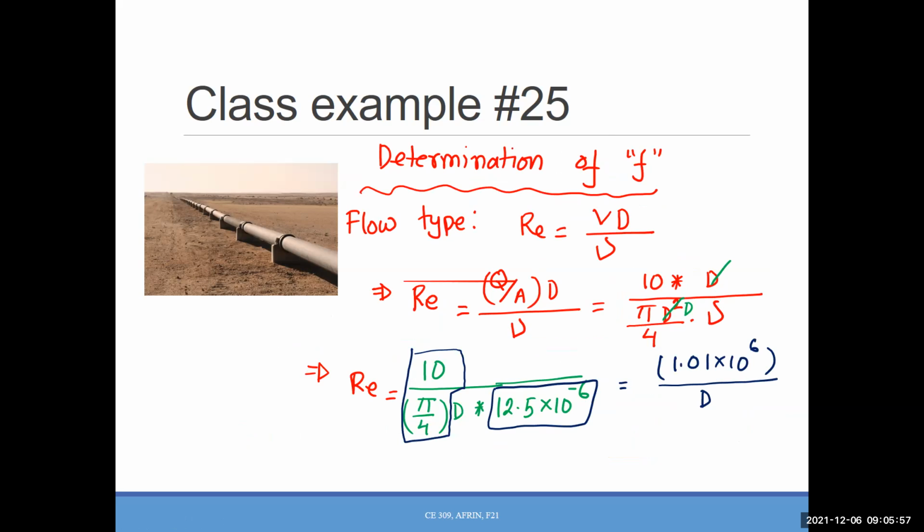Now we will start from this point: how can we solve this problem so that we can find the friction factor and then the diameter?